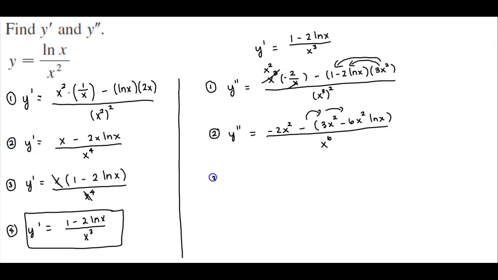So now we're going to distribute that minus sign. So we have negative 2x squared, and that becomes minus 3x squared plus 6x squared times the natural log of x all over x to the sixth.